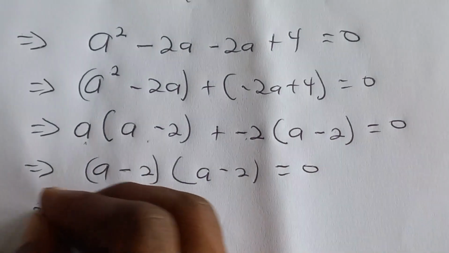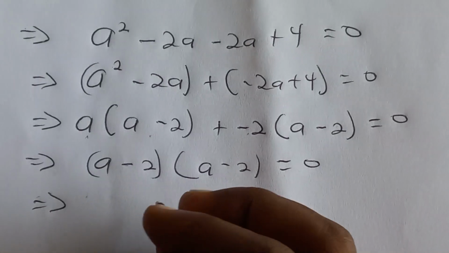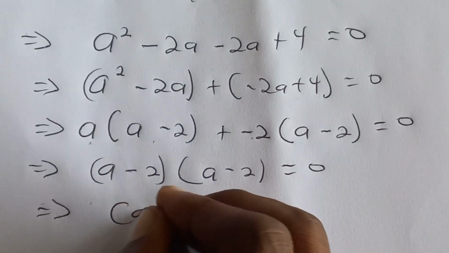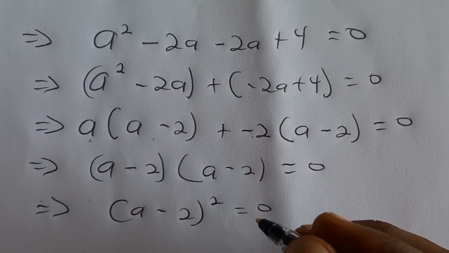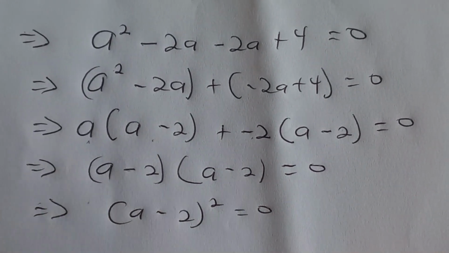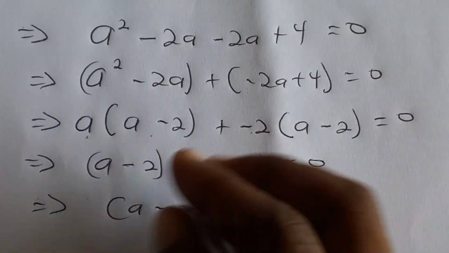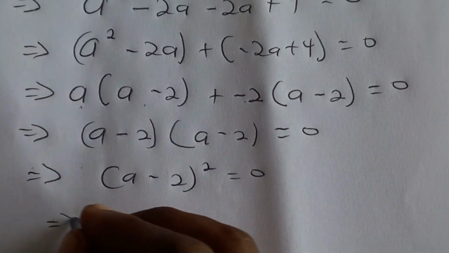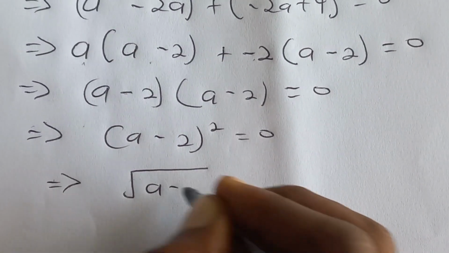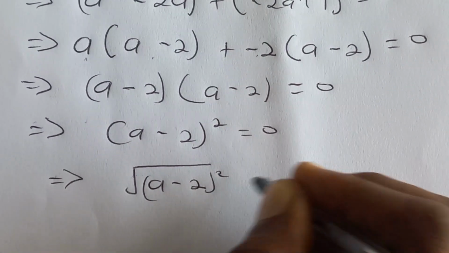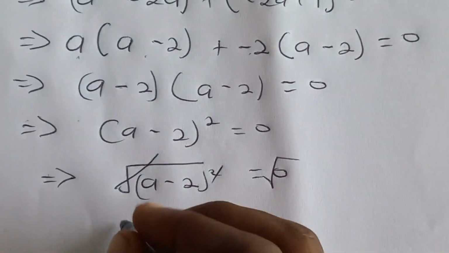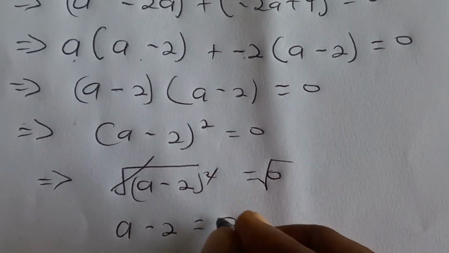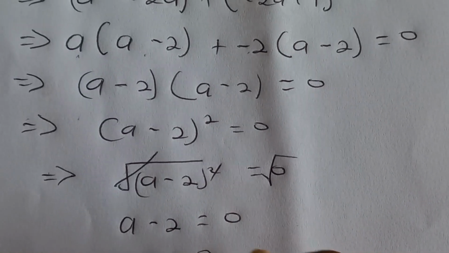So it means that we have a minus 2 all squared is equal to 0. So we take the square root of both sides, and this one will cancel this. We are getting a minus 2 is equal to 0. So a is equal to 2.